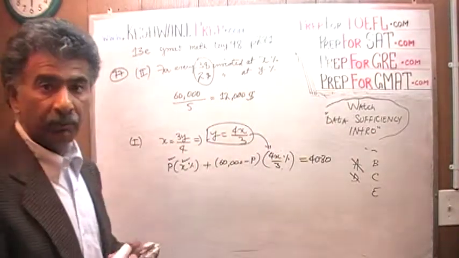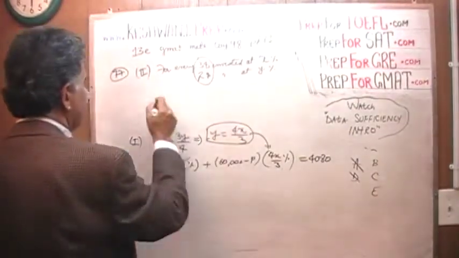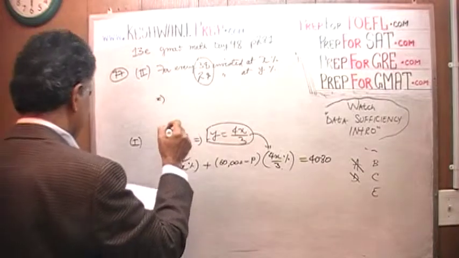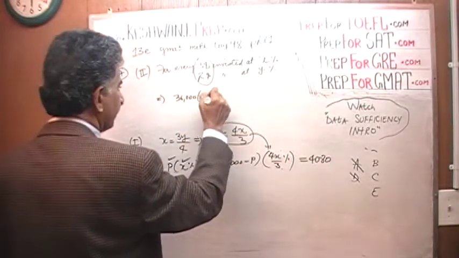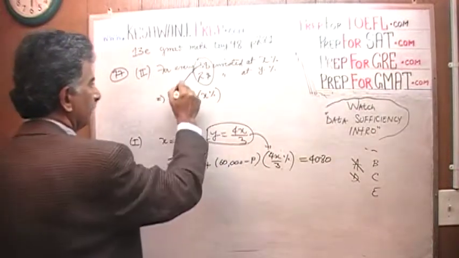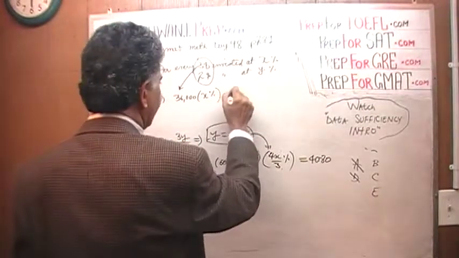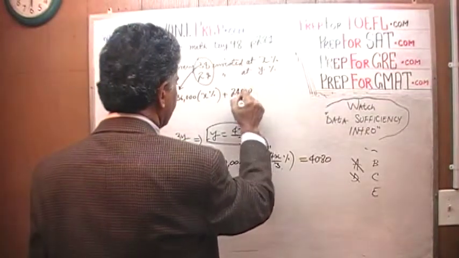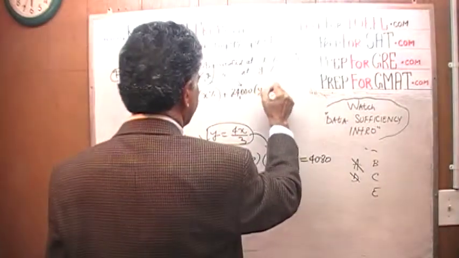1 unit represents $12,000. So what this implies is that $36,000 is invested at X%, because it's 3 times 12,000, and $24,000, which comes from the $2 part, is invested at Y%.